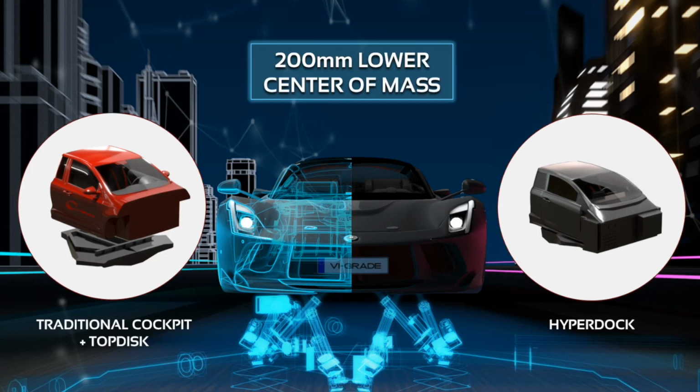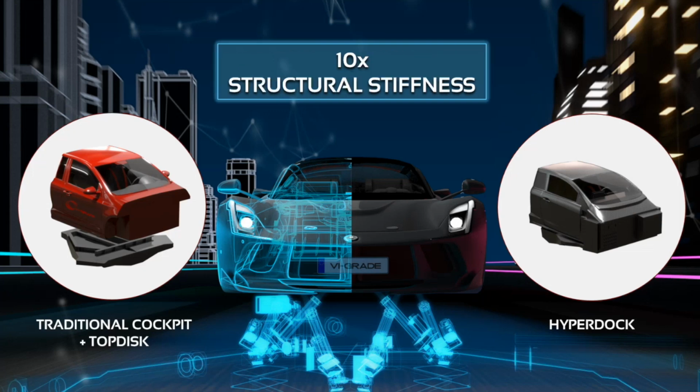Again, in this case, removing the top disc helps a lot because we are lowering the overall cockpit on the simulator. And of course, being a carbon fiber cockpit, we have a much higher structural stiffness, bringing also the first natural frequency to a much higher value compared to the traditional cockpits, which I remind you are usually cars which are literally cut and then adapted to be mounted on the simulator.